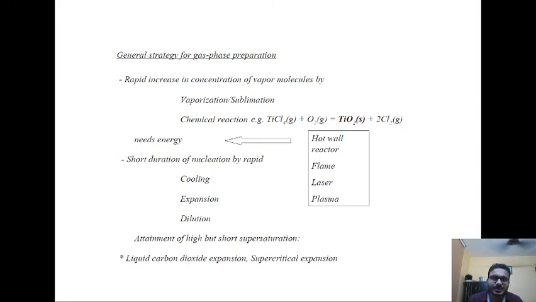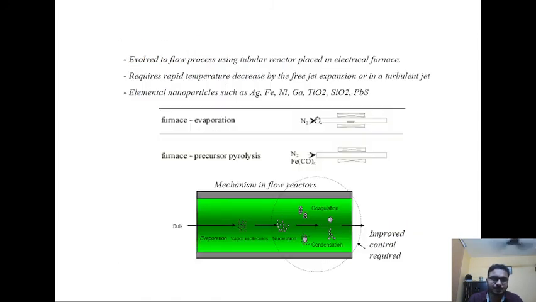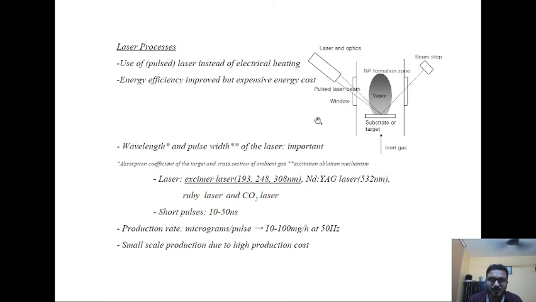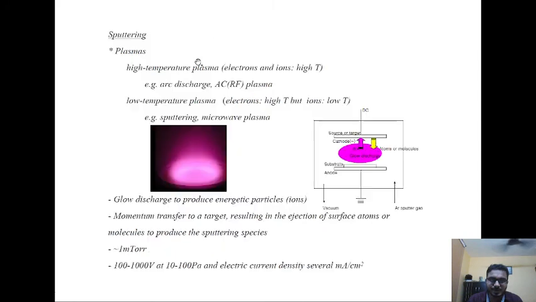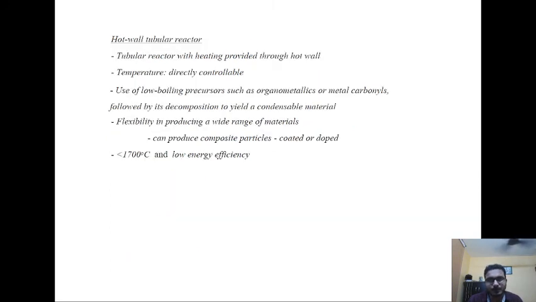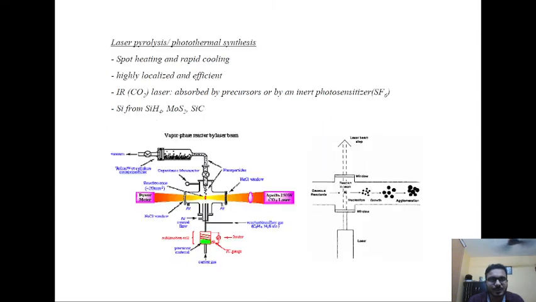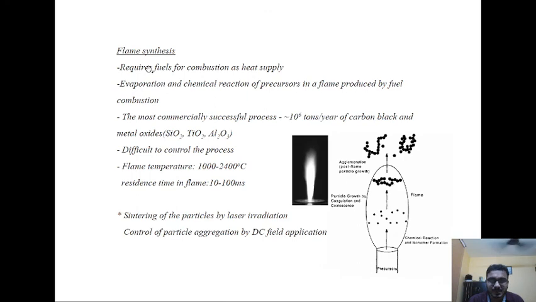Then we have the general strategy for gas phase preparation over here. Then physical preparation, laser processes, wire electrical explosions, sputtering process, gas phase chemical preparation, hot wall tubular reactor, then laser pyrolysis or photothermal synthesis, thermal plasma synthesis, and flame synthesis.